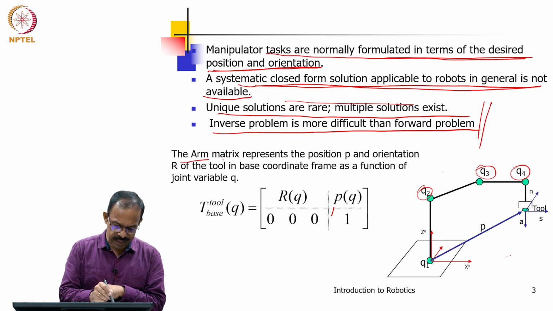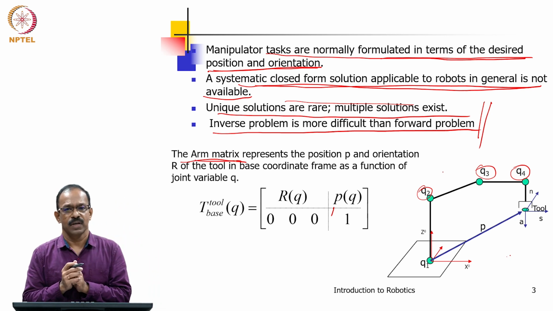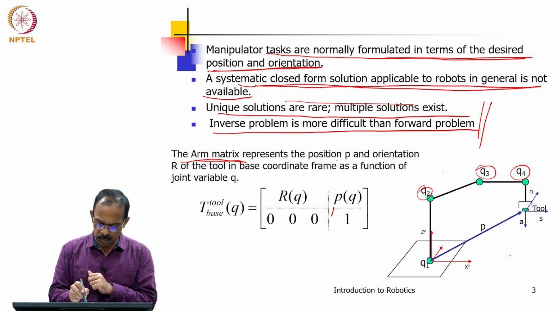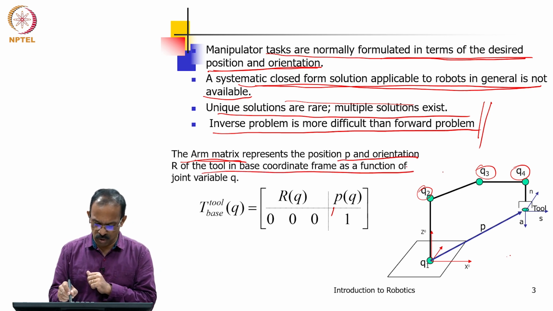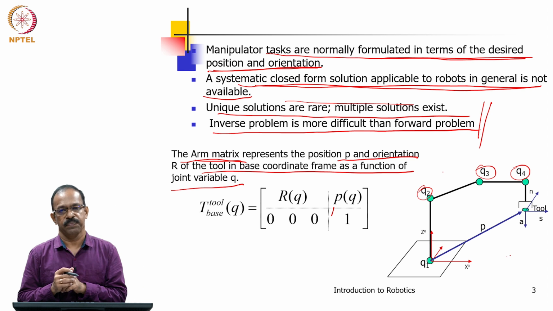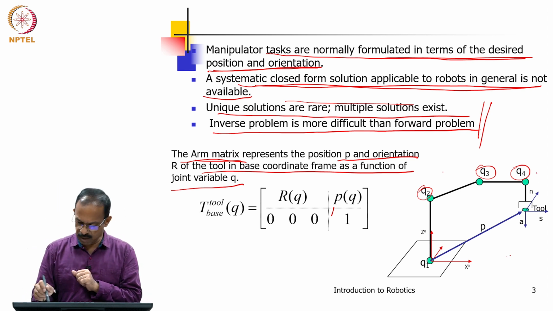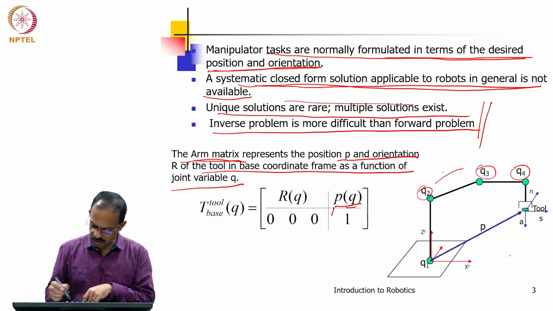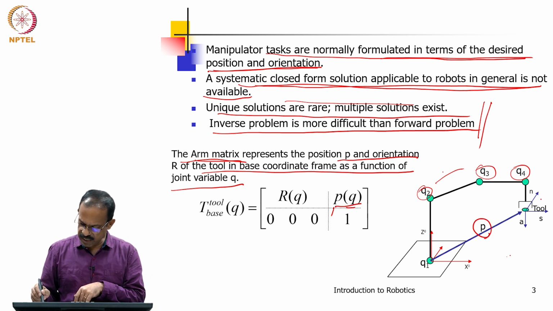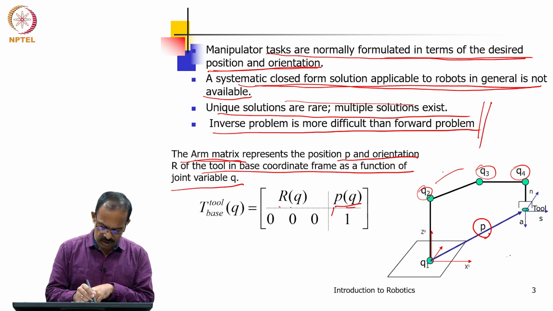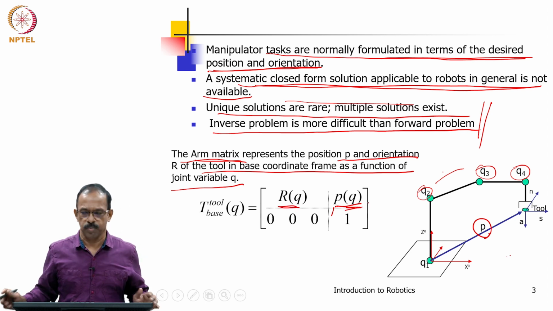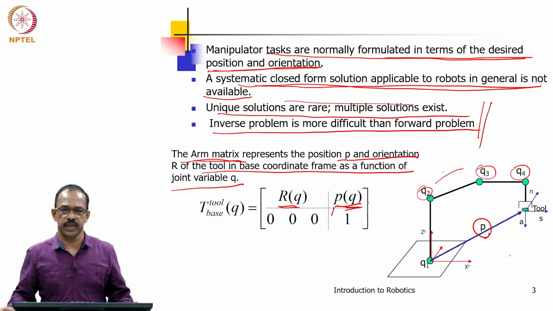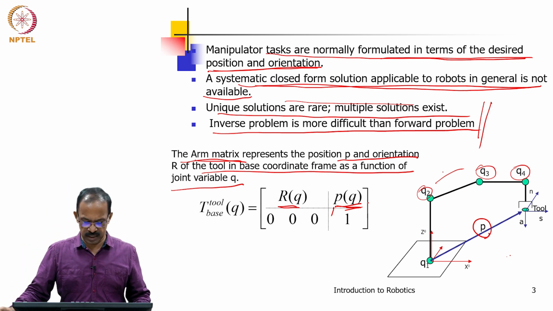We have this arm matrix which we discussed in the forward relationship, which represents the position P and orientation of the tool in the base coordinate frame as a function of joint variable Q. When we do forward kinematics, Q is the set of joint variables, and then we can represent the position vector P and the orientation of this tool frame using the rotation matrix R(Q) and the position vector P(Q).